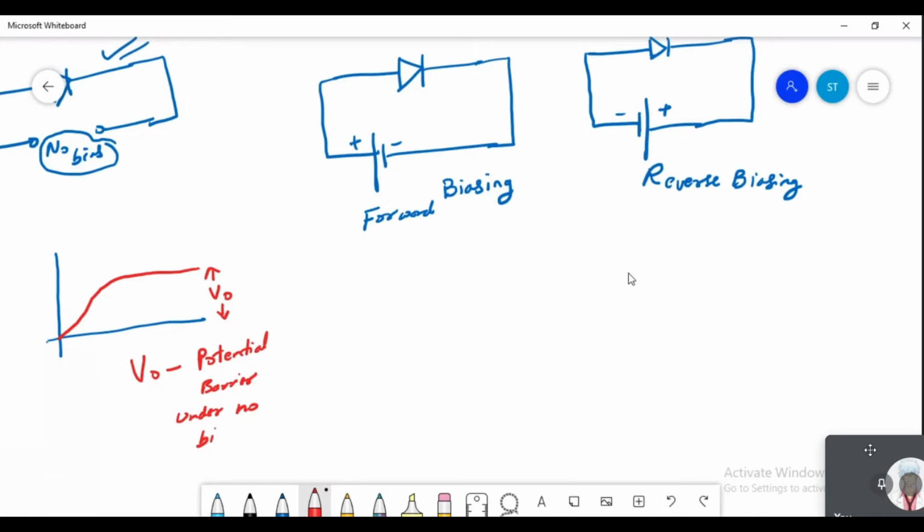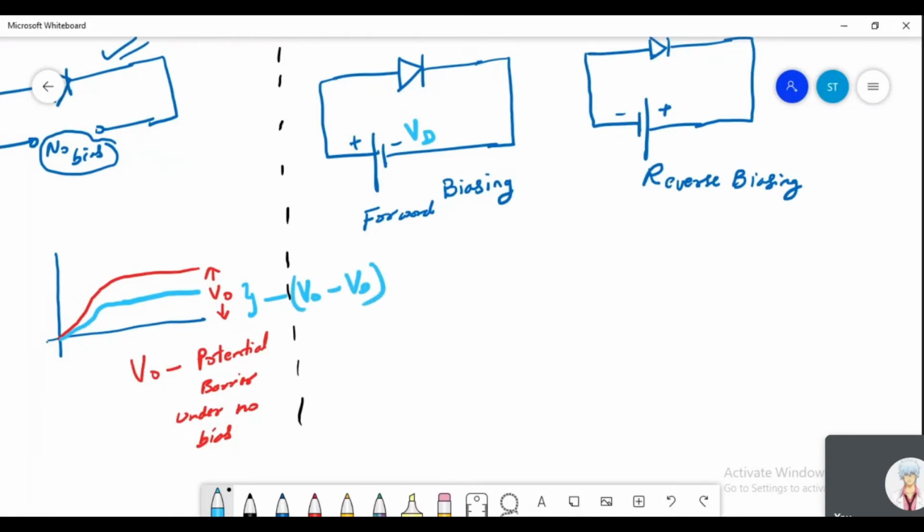Now we are talking about a condition when you are forward biasing the diode. When you forward bias the diode by a certain voltage, suppose the voltage is VD, then under forward bias condition, you are reducing this barrier by VD. So now your barrier is like this. This part is V naught minus VD. This is the case of forward biasing.